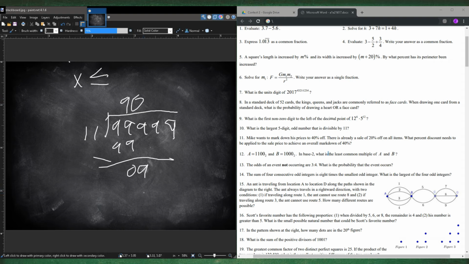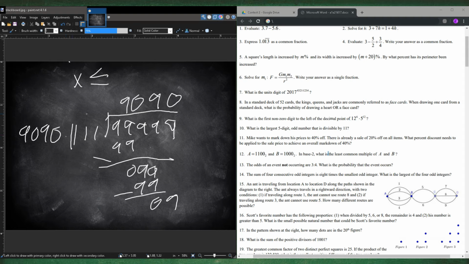Then you have 99 again, so you put another 9, subtract, and then you drop down the other 9, which is also 99. So you have 9090, 9090 times 11, basically.